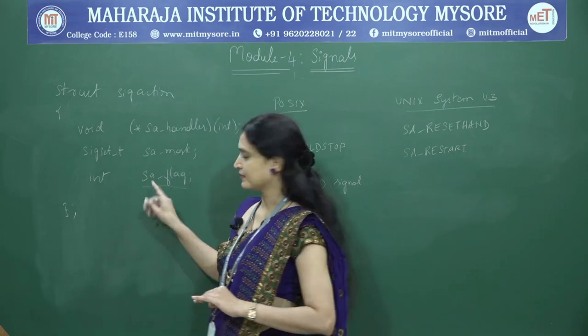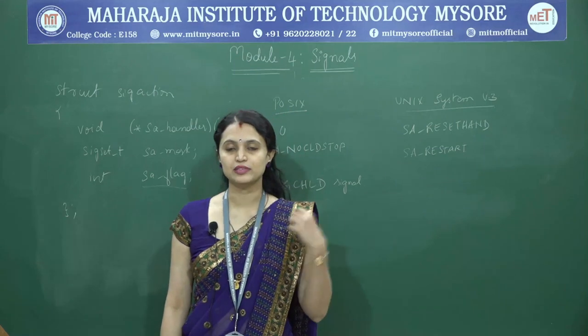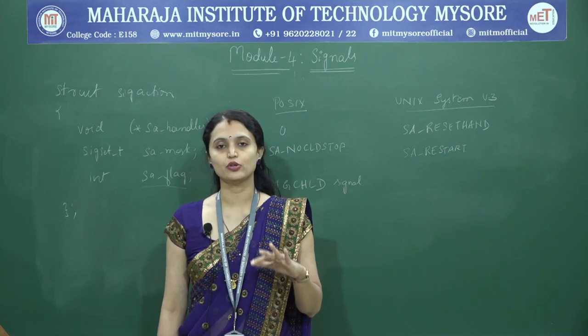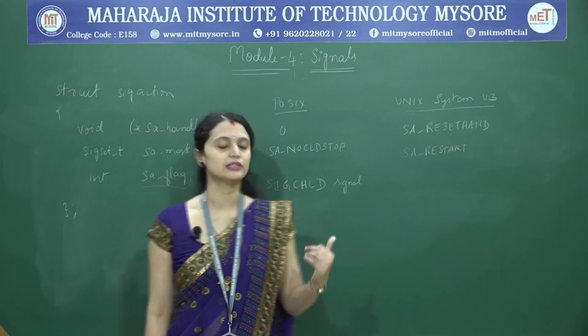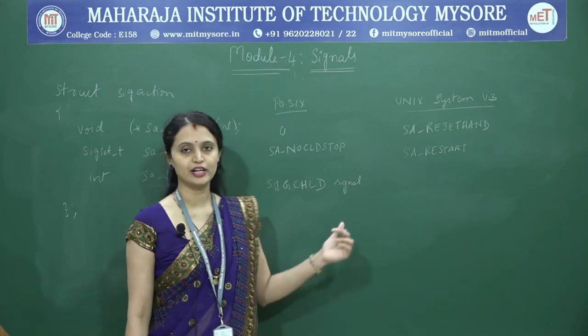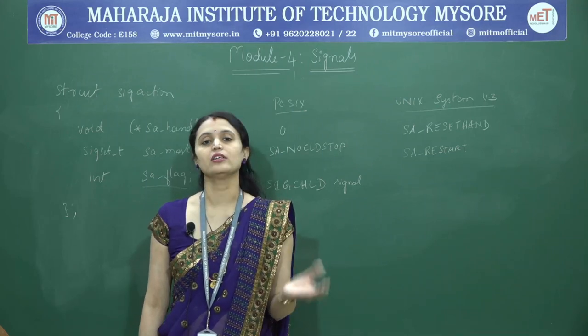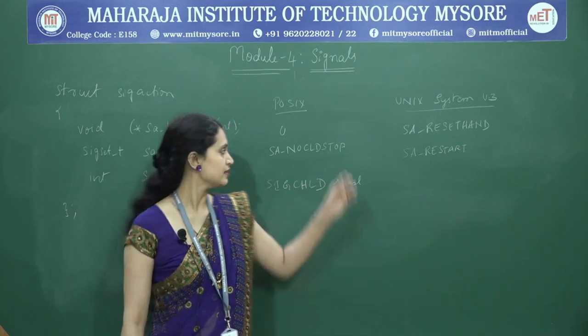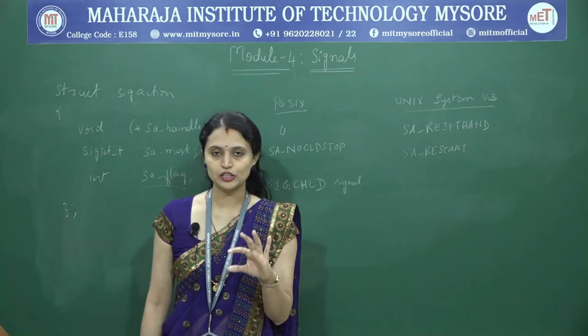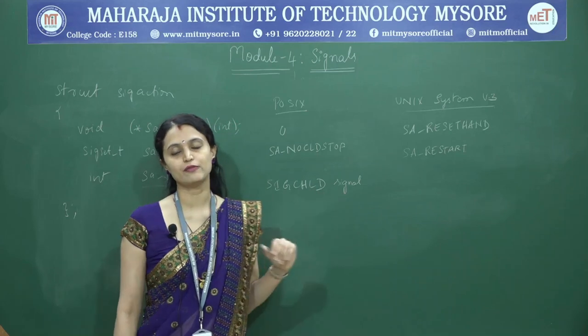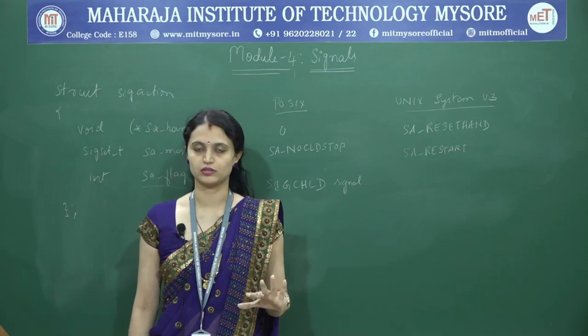Okay. Suppose if SA flag has got the value 0, in that case the parent process will get the notification from the kernel with the SIGCHLD signal even if the child process is terminated or stopped. Okay. In the second case, only if the child process is terminated, this signal will be generated from the kernel to the parent process.